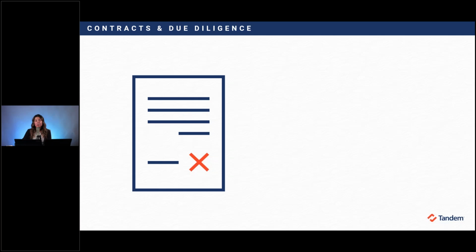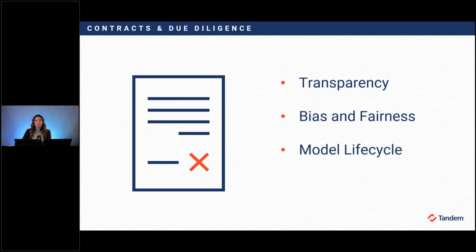And when it comes to the contracts and agreements, your policy should encourage including terms that address transparency, like algorithm updates, decision logs, or explainability reports. Bias and fairness. Now, this is important for our banking community or for our credit unions that have a lending department. You want to look at things such as bias detection tools or doing fairness audits. Model training, versioning, and decommissioning. We'll call this the model life cycle.